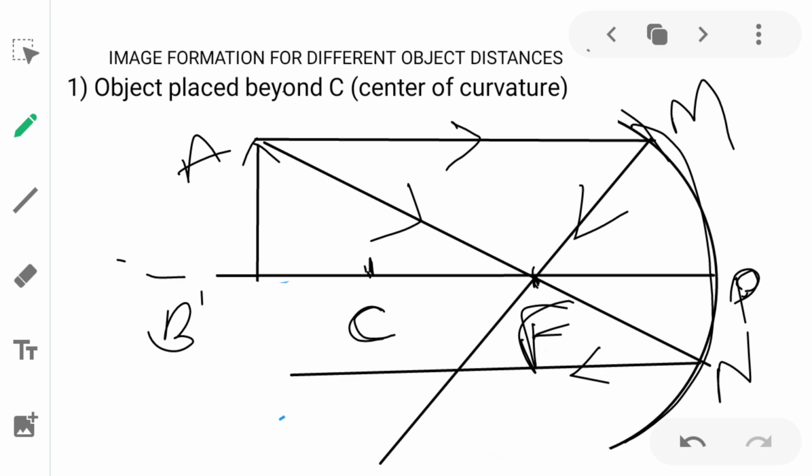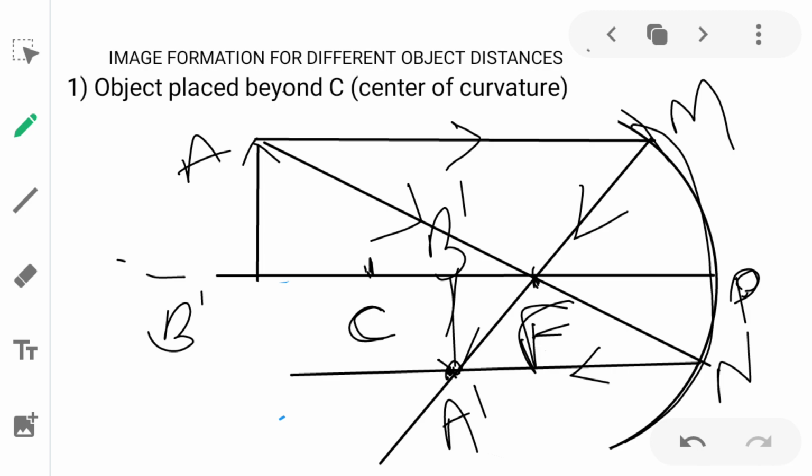Look at these two reflected rays. They are meeting at this point, which represents the point A dash, image of point A. So we can draw the image A dash, B dash.